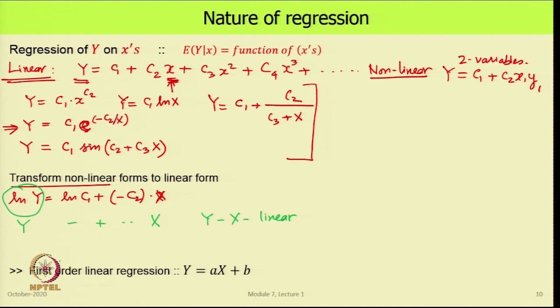So, in many situations one can do a transformation and bring a nonlinear form to a linear form. That is a transformed variable. So, this is one restriction that we will put in the analysis that we do, that we look at only linear regressions.